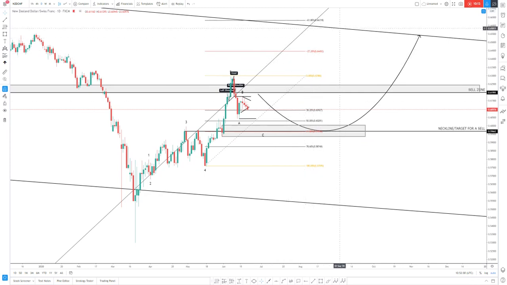I wouldn't love to go beyond the fib levels, so I'll just be targeting this fib level as my target, if this does come into play and I get my entry trigger off the 61.8 fib level.